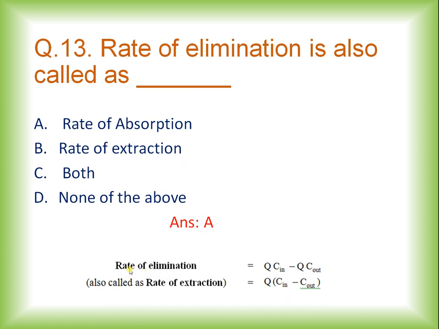That is, rate of elimination is also called by another name, rate of extraction, which is equal to Q·Cin minus Q·Cout. When you simplify this equation, Q is taken as common, that is Q multiplied by (Cin minus Cout).